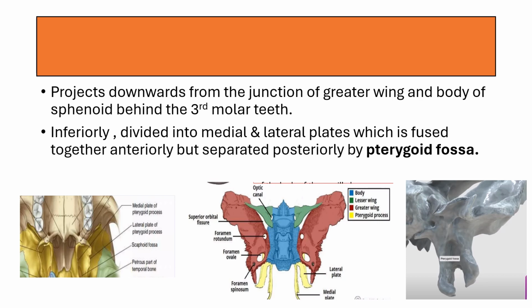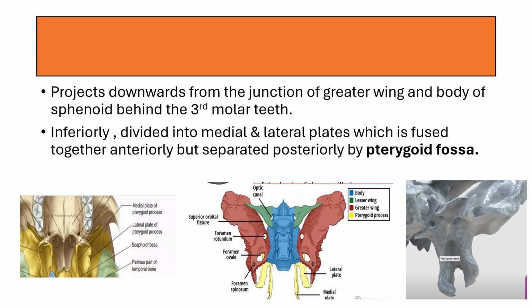Pterygoid process. First of all, we will know from where the pterygoid process projects. The pterygoid process projects downwards. From where? From the junction of the greater wing and the body of the sphenoid, behind the third molar teeth.